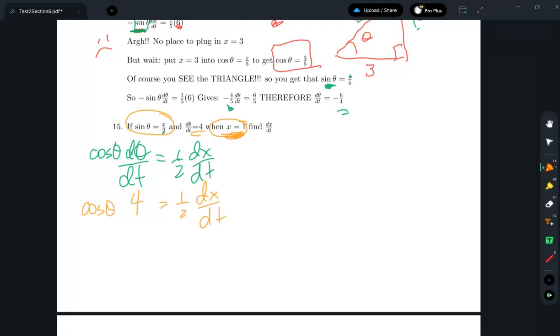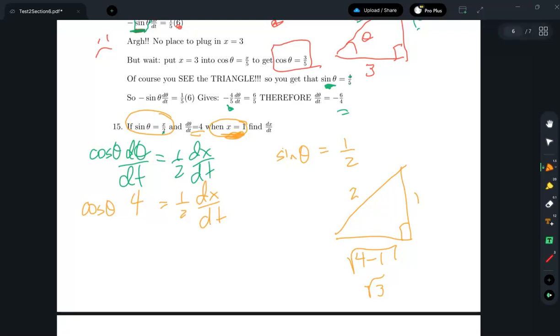So I'm going to say sine of theta is 1 over 2. Okay, so 1 over 2, that means that's opposite over hypotenuse. So to find this side, it's the square root of 2 squared minus 1 squared. So this side is root 3.